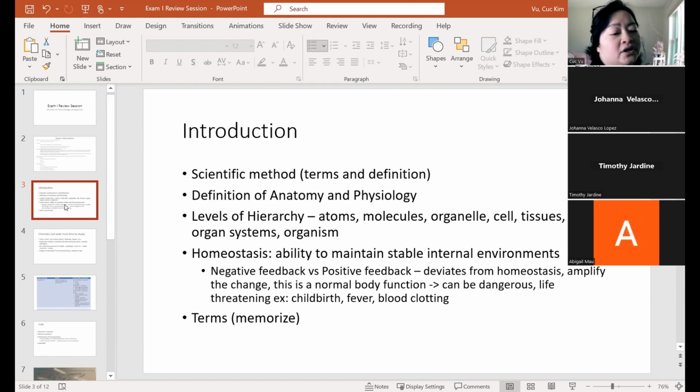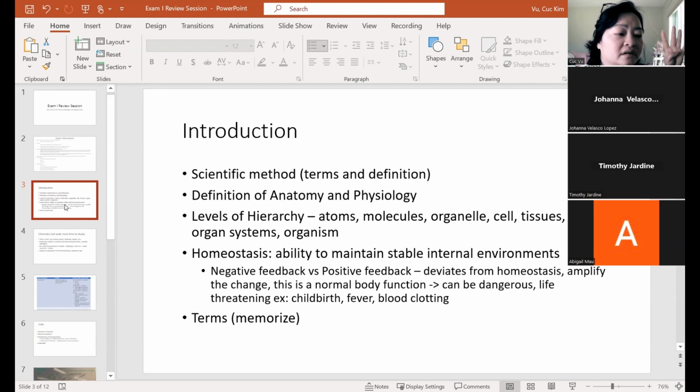I could ask, for example, what is the smallest living structure? A cell. Perfect. I could say, between these four things, what is the largest? The heart, the endocrine system, epithelial cells, and carbon.